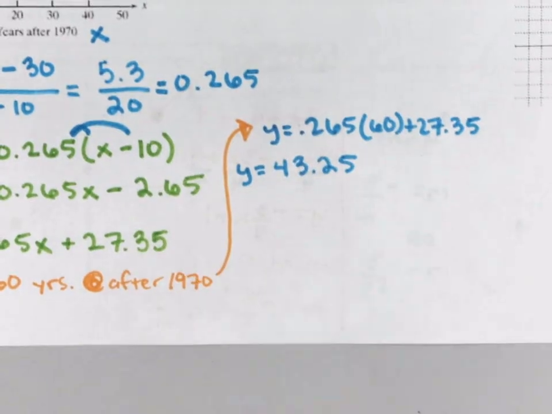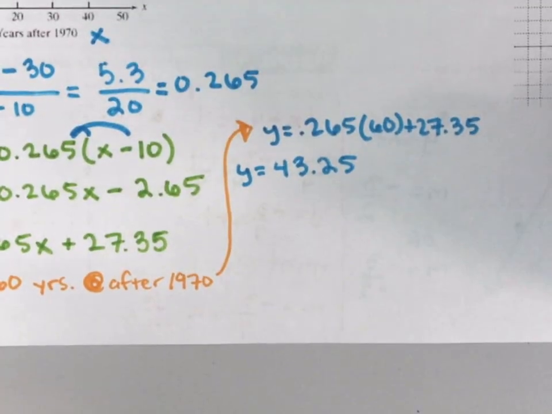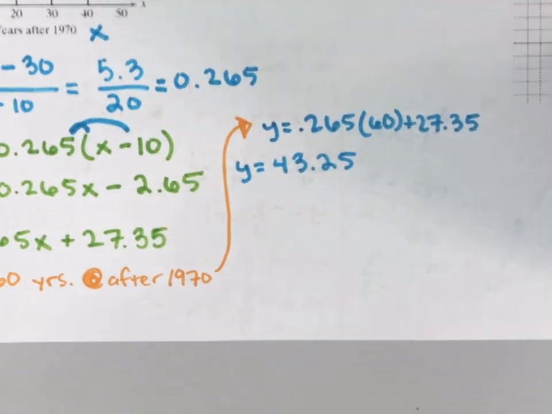So what does this mean? The average age in the year 2030.